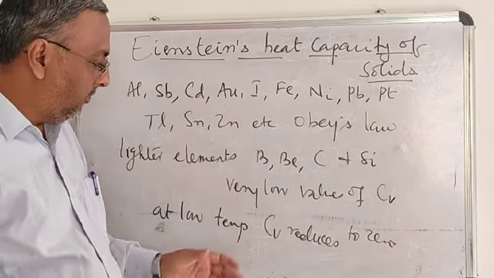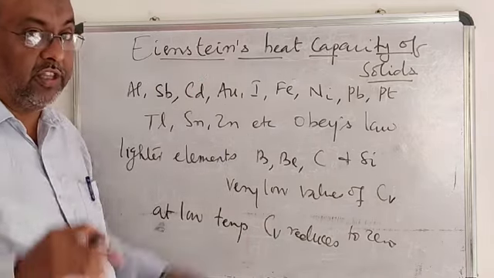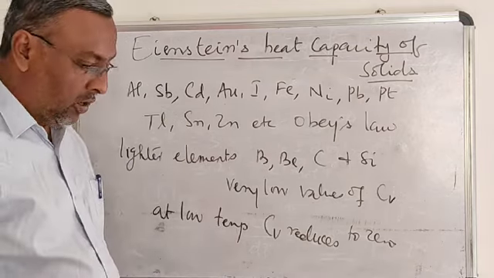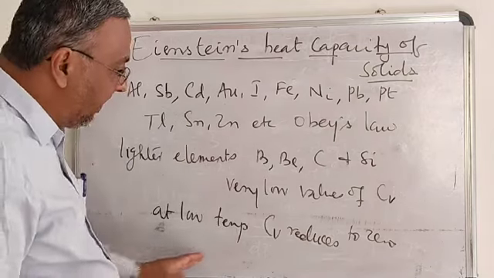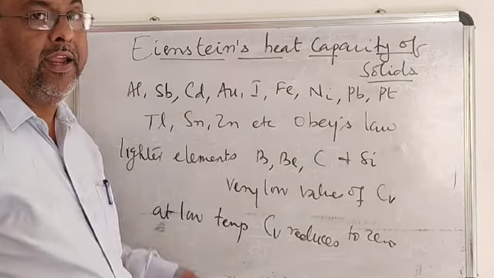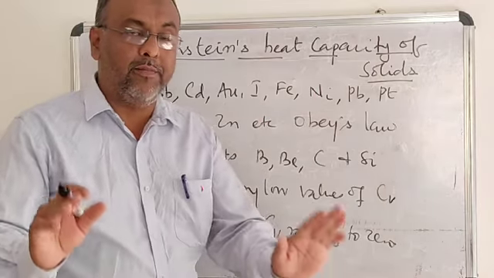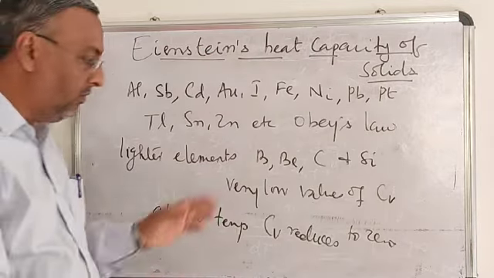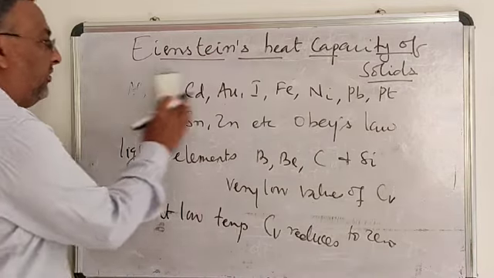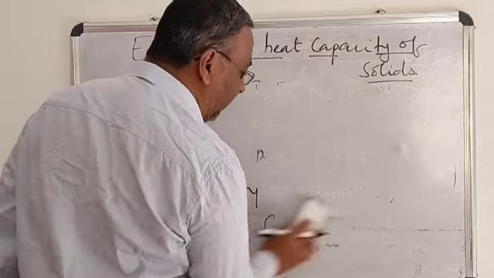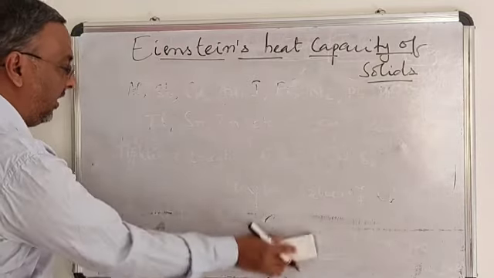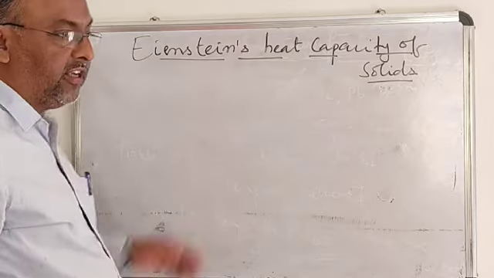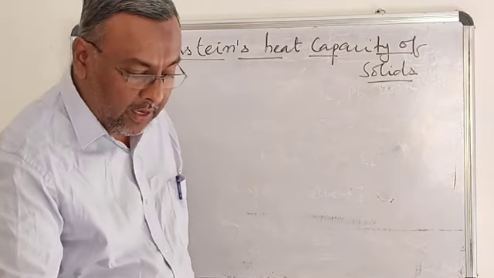See, that Cv reduces to 0 we have already studied in the third law of thermodynamics. Such a variation cannot be explained by classical theory; it can be explained by Einstein's heat capacity of solids. Now we will study Einstein's heat capacity. Why the Cv value at very low temperature is zero was explained by Einstein.